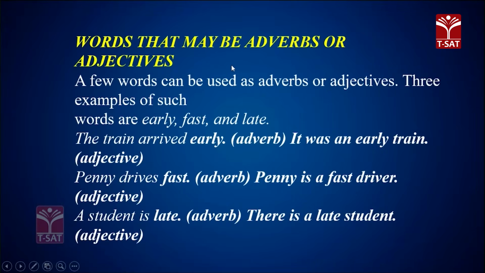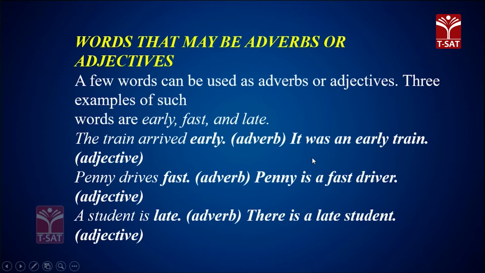Some words that may be adverbs or adjectives, right. I have given some examples here: early, fast and late. The train arrived early, here it is used in the sense of adverb.